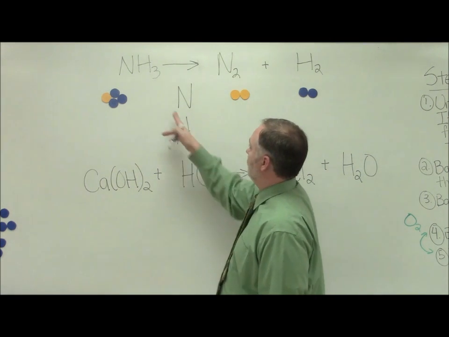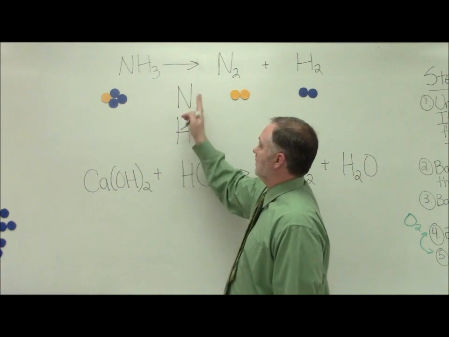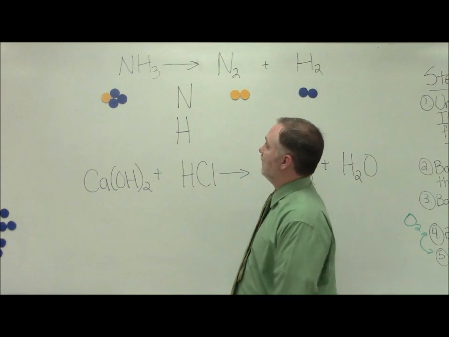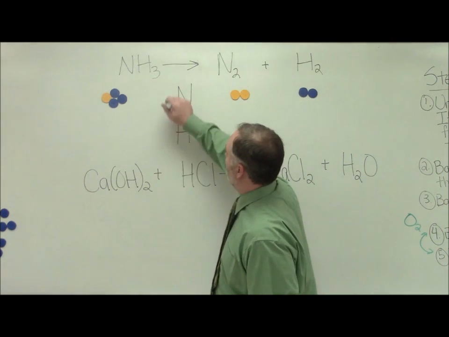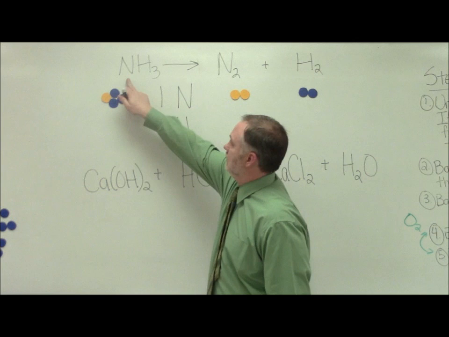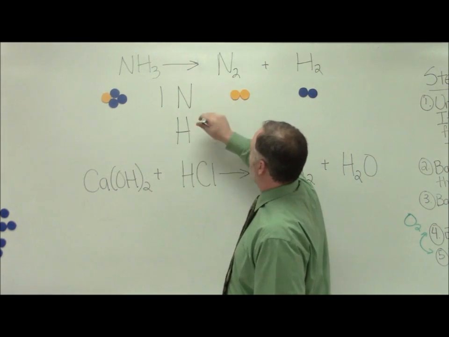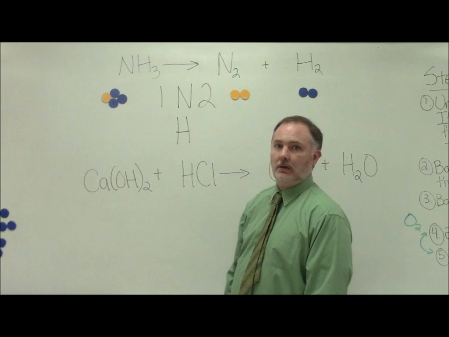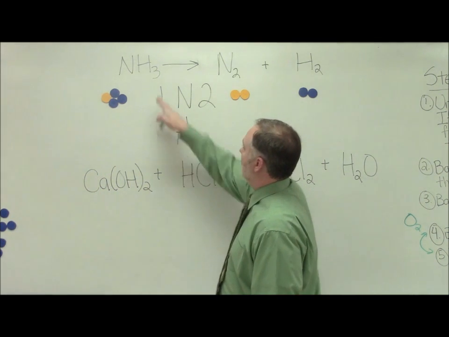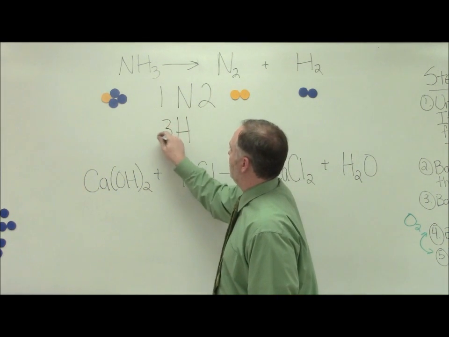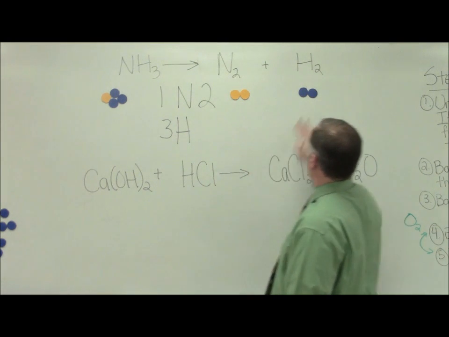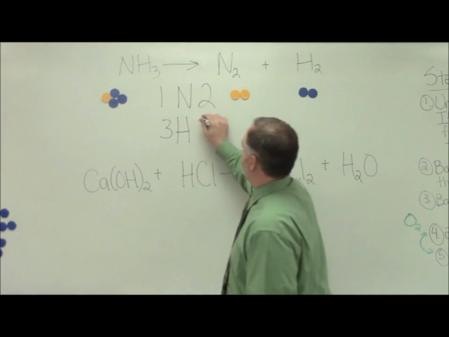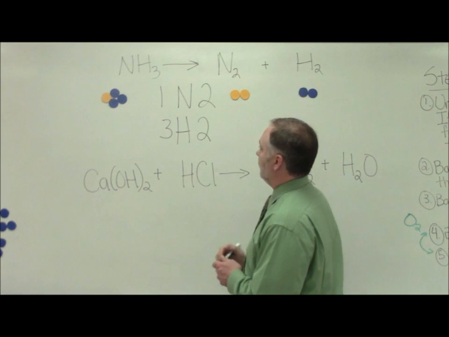And what I'm going to do is I'm going to write right next to each how many are in the reactants and how many are in the products. So in my reactants I have 1 nitrogen, and in the products I have 2. And I'm going to do it just on this side, just like that, okay? And then with my hydrogens, I have 3 in the reactants, and I have 2 in the products.